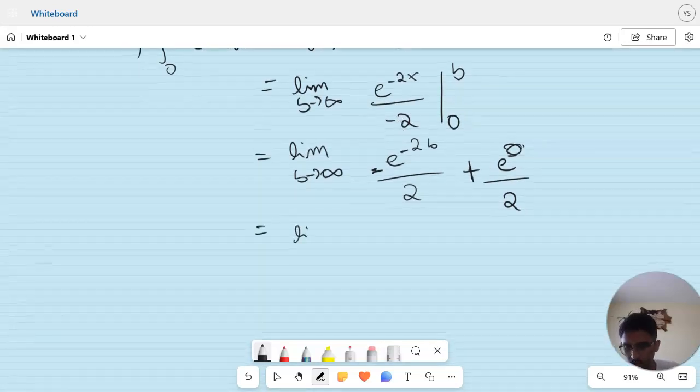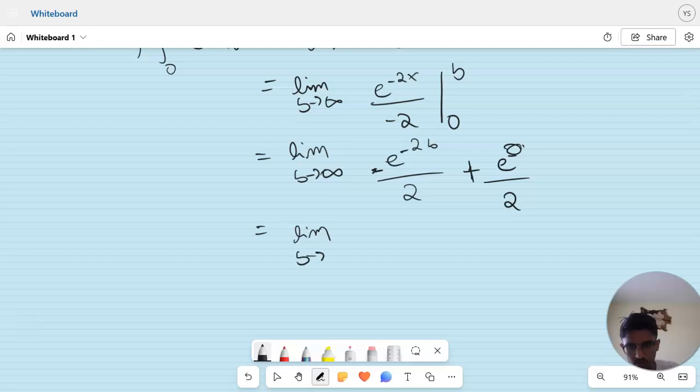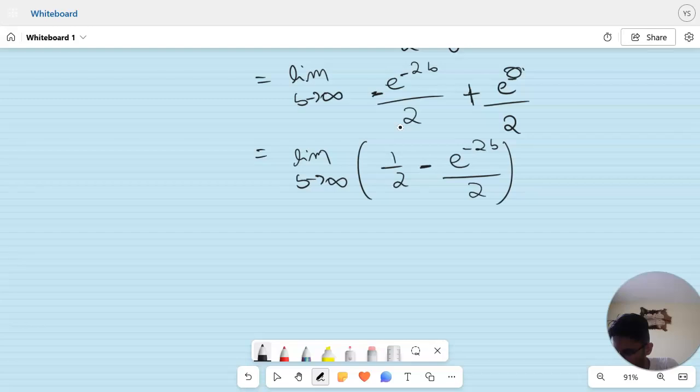So it's going to be the limit as b goes to infinity. I'm going to put the bracket sign now, just not to get confused. Let's bring this constant to the front. e to the 0, we know, is 1. So it's one half minus e to the negative 2b over 2. Now it's time to plug in our infinity.